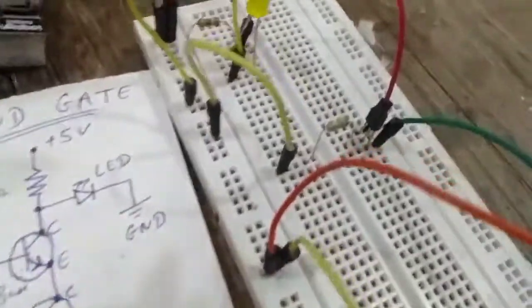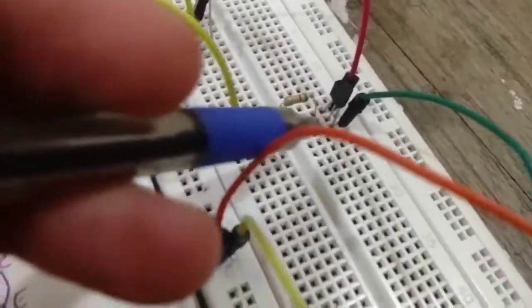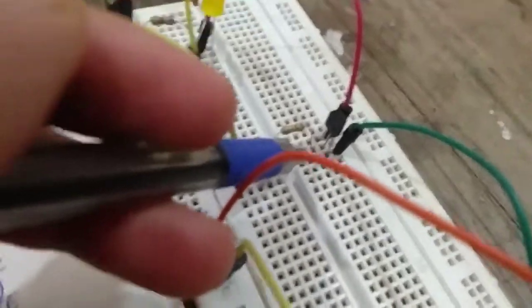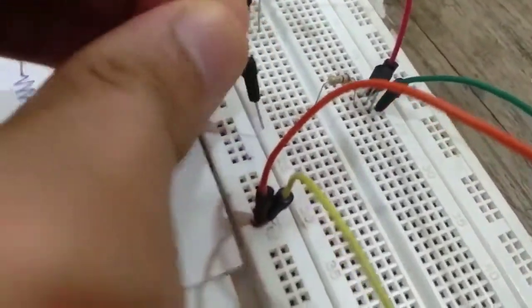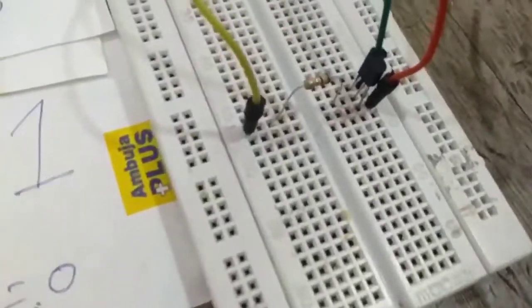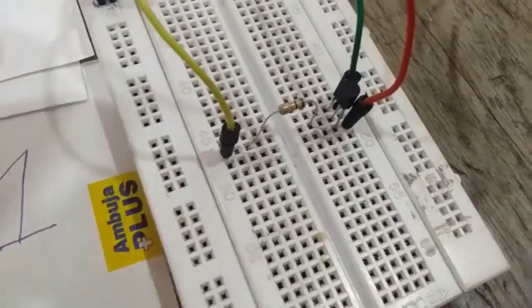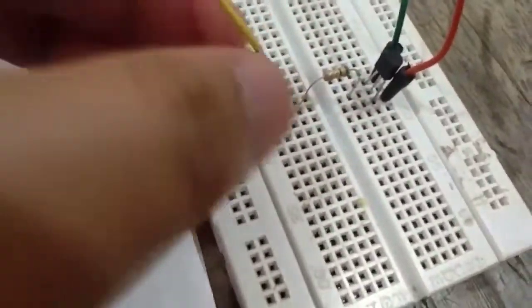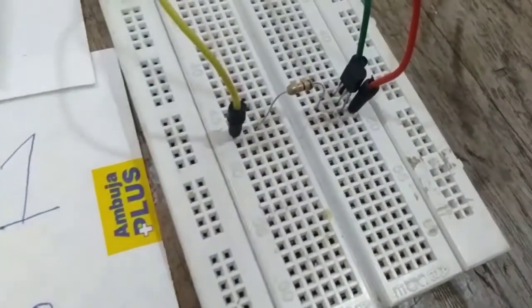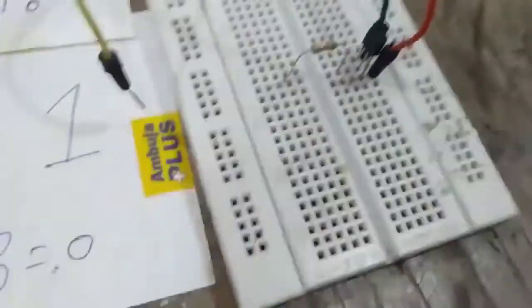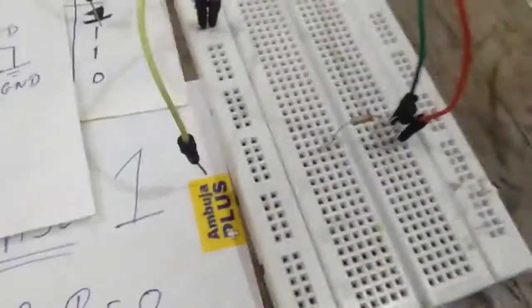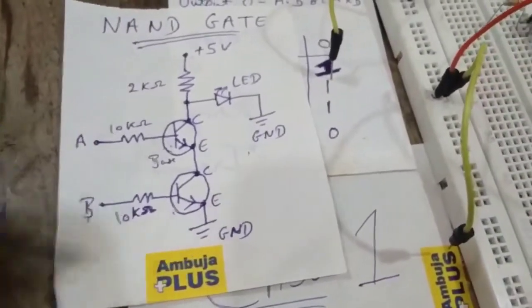So here I have connected a yellow wire to the 10 kilo ohm resistor with the first transistor. If I remove this yellow wire, there will be 0 input, and if I remove this yellow wire which is connected with the second transistor, there will be again 0 input at B. So here we have input A and B both 0.